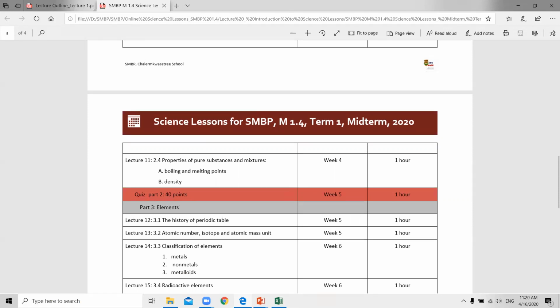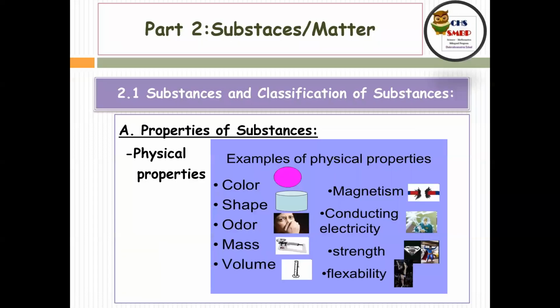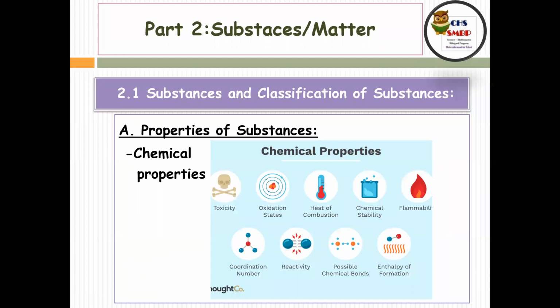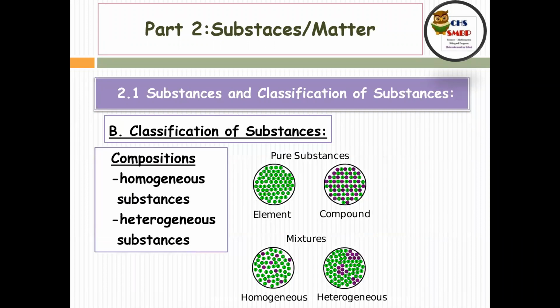And I'm going to give you some ideas about part 2 lectures or lessons, so you can see properties of substances, physical properties, then chemical properties. Then you see the classification of substances, where you can see solids, liquids, and gases.